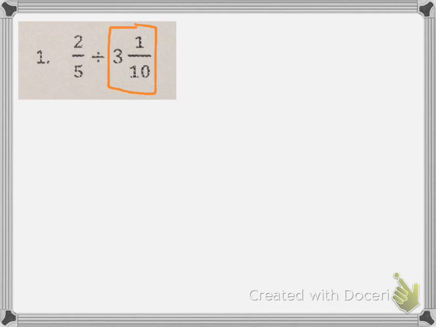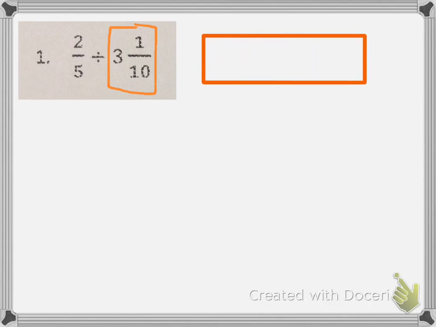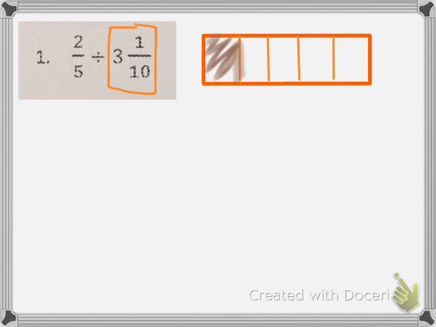If I'm using a model, I could find fifths like this, and then I would shade 2 of them. So these 2 would be representing 2/5, and then I want to divide that into 3. So I would just divide across this way.